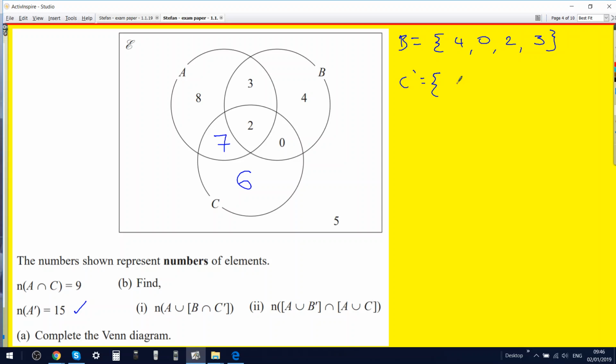So 5. Is that part of it? Yeah. 4, 3, 8. And so what would be this one that they gave us? So 4 and 3.